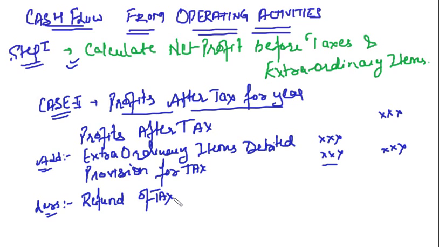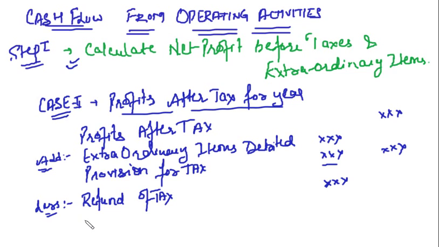Is this activity relating to the operations of the business? No. So we will subtract refund of tax. Clear? Because this refund of tax would have been added in the profits after tax for the year. So we will subtract the refund of tax because it is not an operating activity.